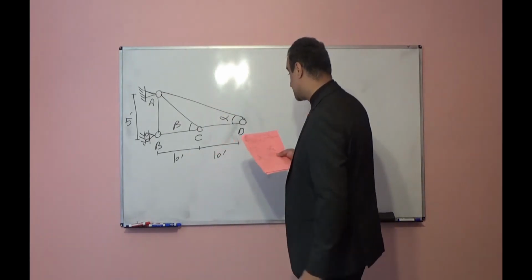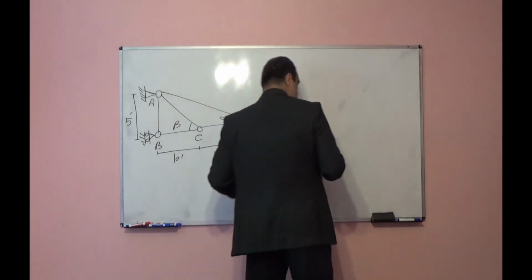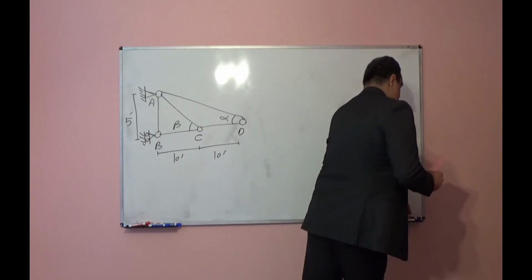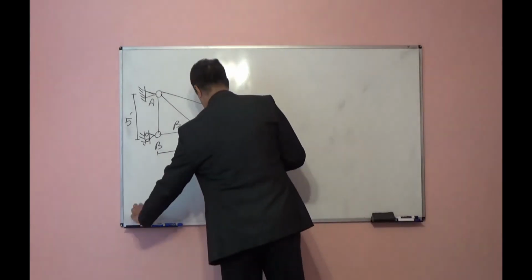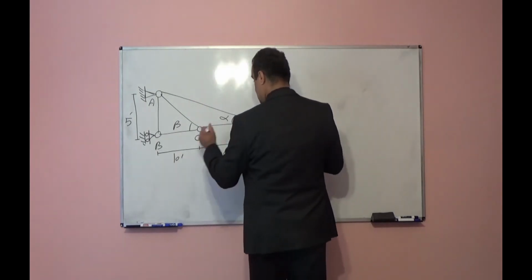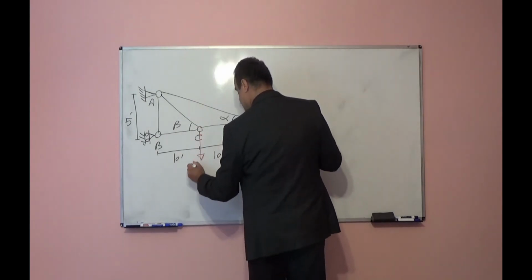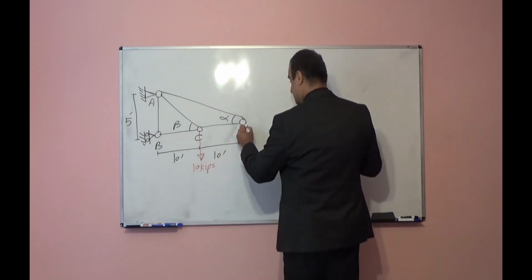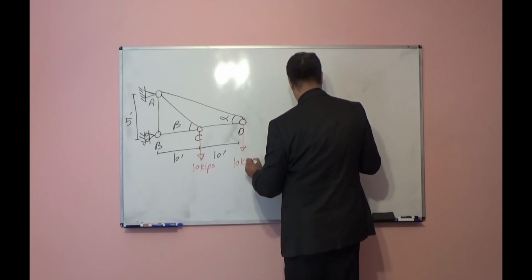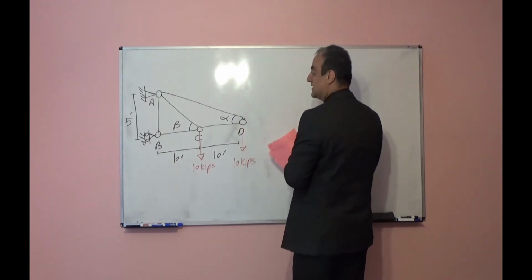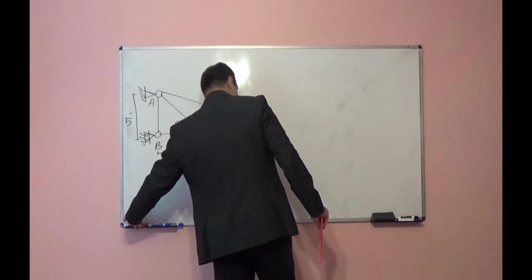This truss is subjected to two concentrated loads at joints C and D. One of them is this force, 10 kips. Another one at this joint, again 10 kips. I want to find internal forces in these members.